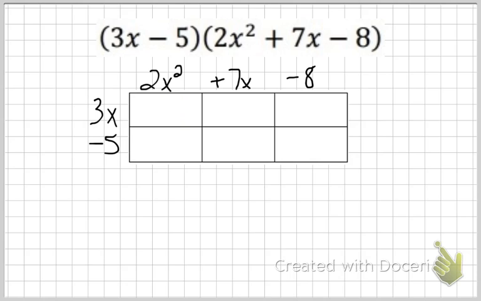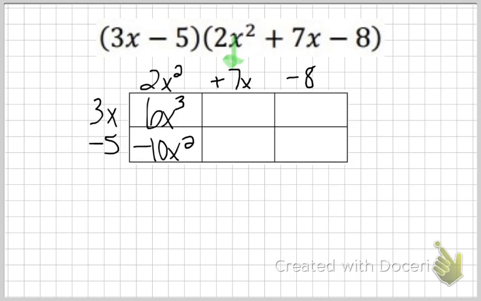Now we fill in the areas. So 2 times x squared will give us a 6x squared. Oop. Actually, no, a 6x cubed. Sorry about that. Next, I'm going to do 2x squared times negative 5 would give us a negative 10x squared.